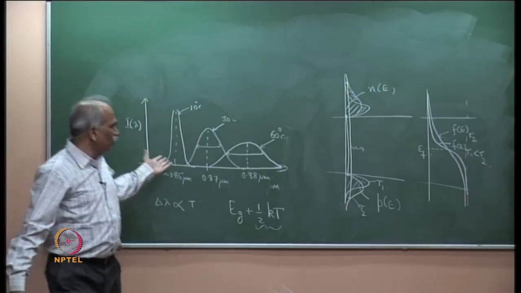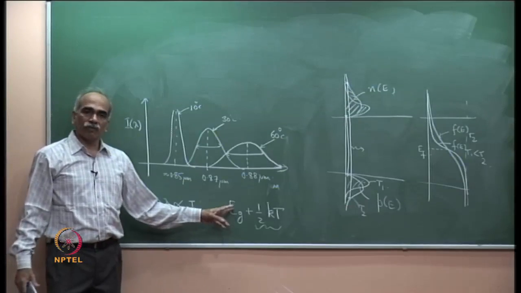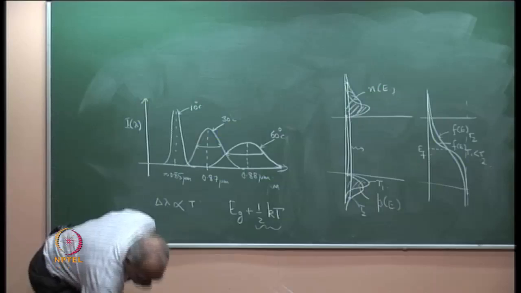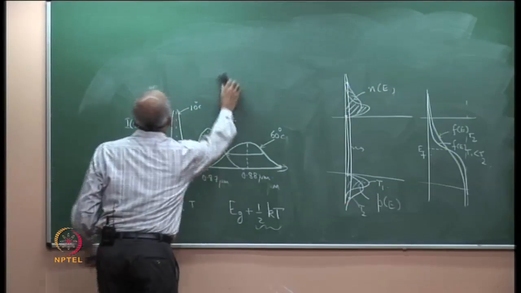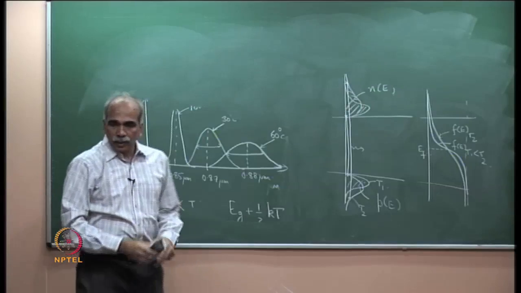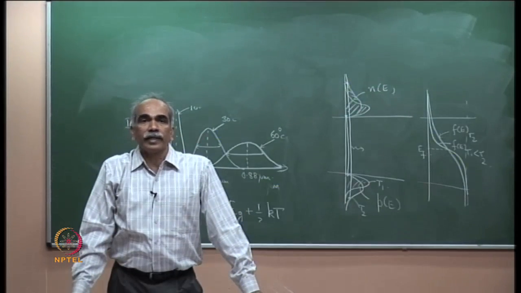So now we are able to explain, with the inclusion of Eg as a function of temperature, what was not explained earlier. I will stop here, and we will continue in the next class.